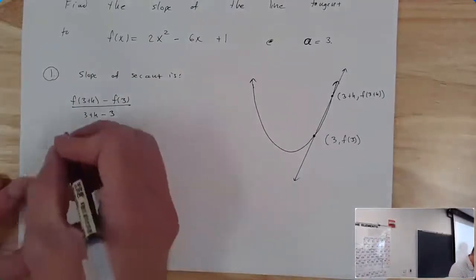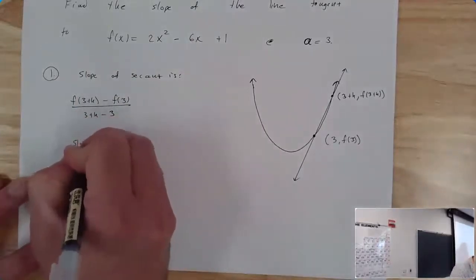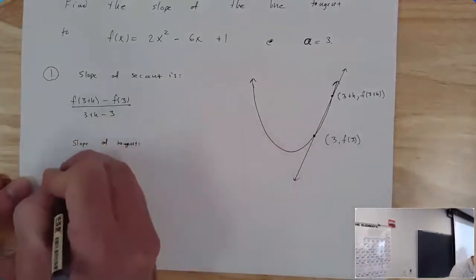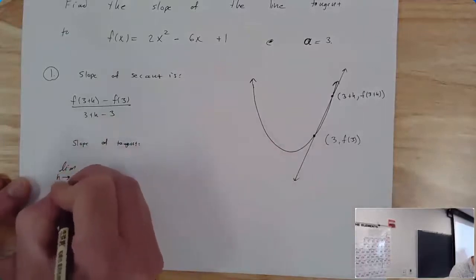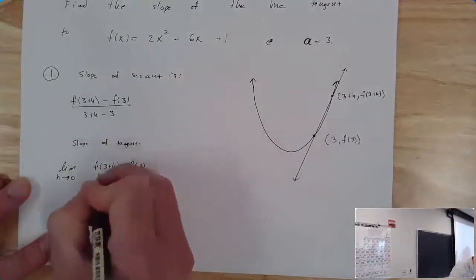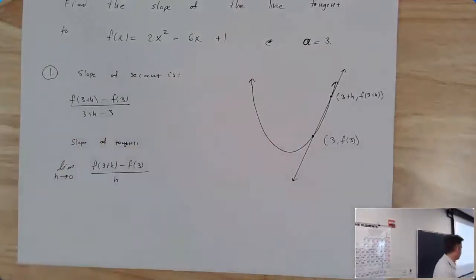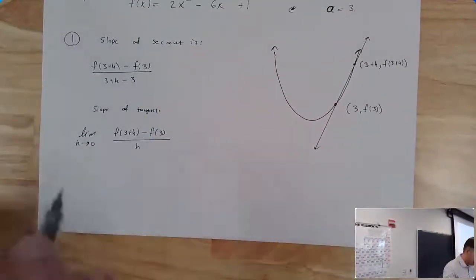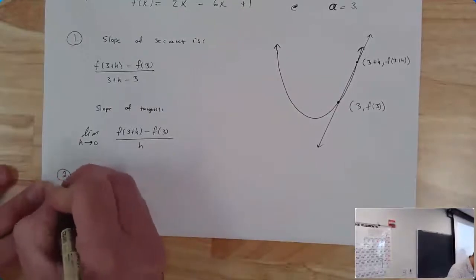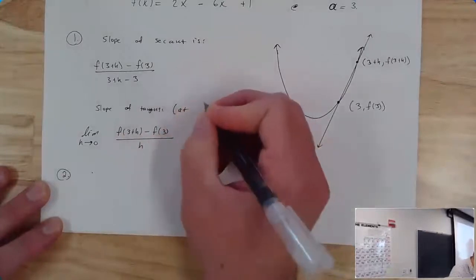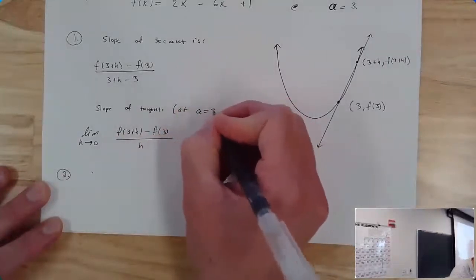And then the way we find the slope of the tangent is by finding the limit as h goes to 0 of f of 3 plus h minus f of 3 all over h. I simplified the bottom. So this is the slope of the tangent at a equal to 3.